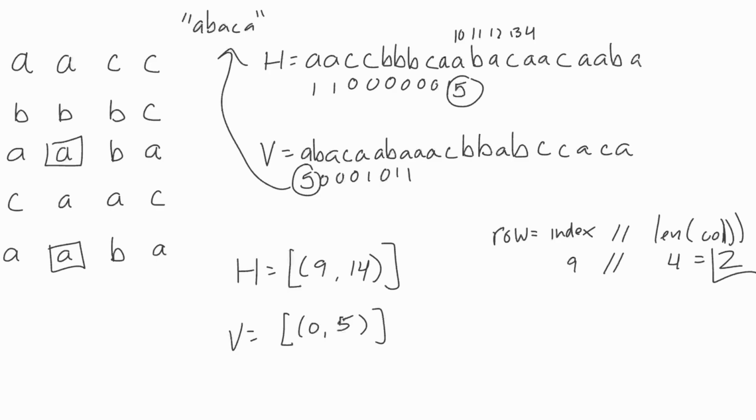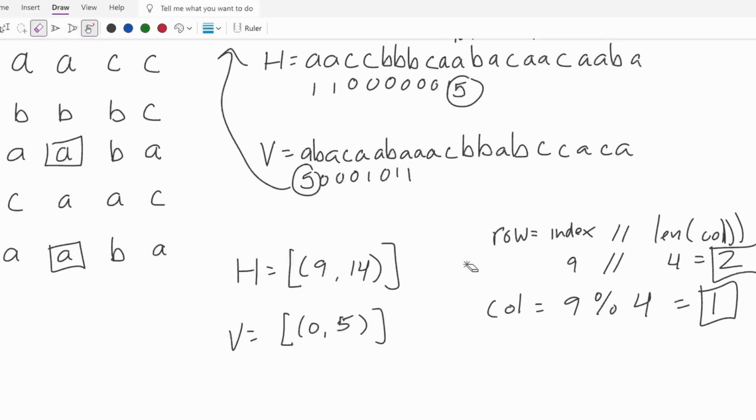So now I'm in the second row, which is correct if we look at this space. Then the column is going to be that same number mod that length, right? So now we get 1. So now we've gotten that our cell in the grid is 2, 1, which we see is correct. So we can use this calculation to know this is the spot in the grid that I am talking about with this number.